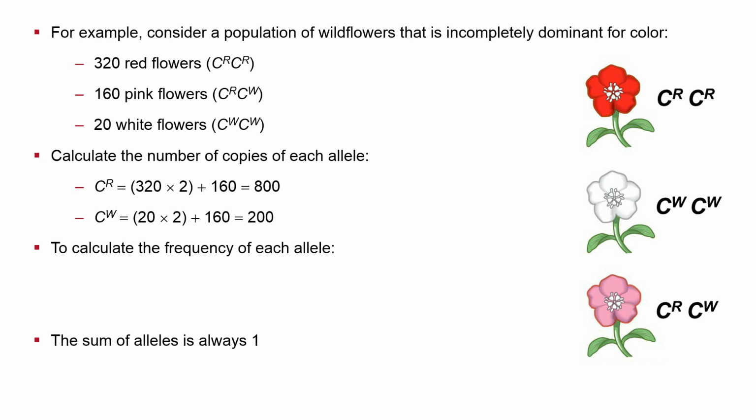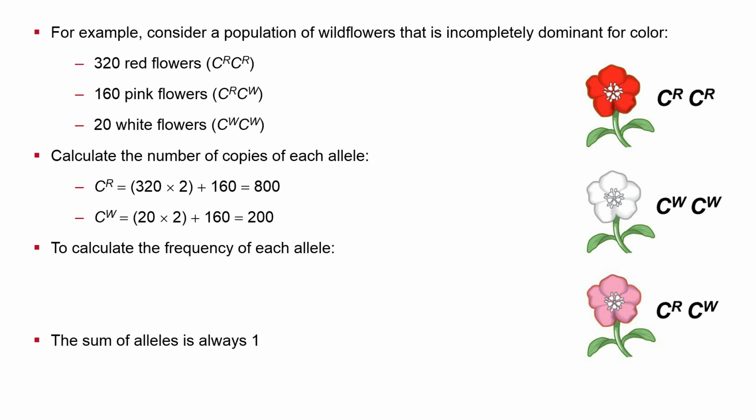Now, what about the white allele in the population? To have white flowers, you have to have 2 copies of the white allele, so 20 times 2, plus all the pink flowers each carry 1 copy of the white, so plus 160 gives you 200.